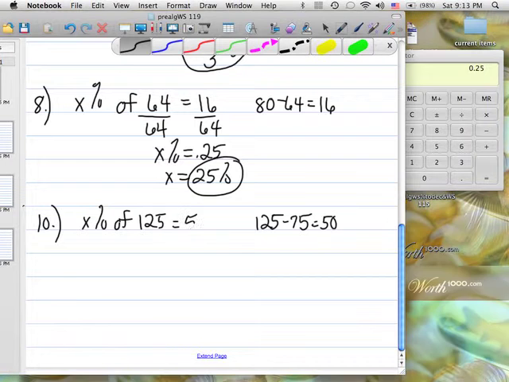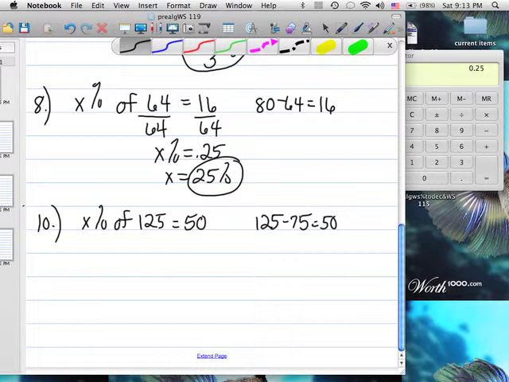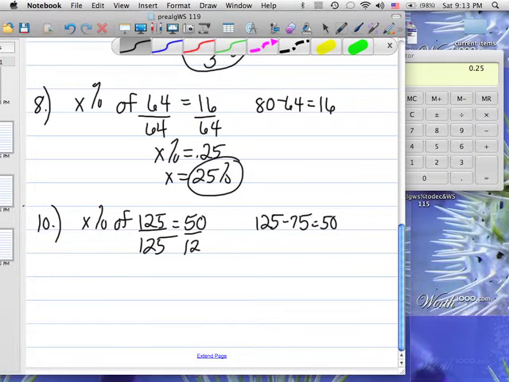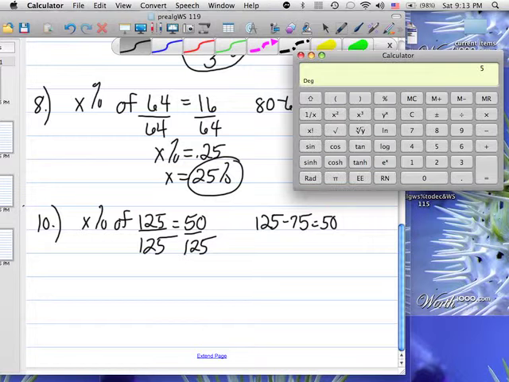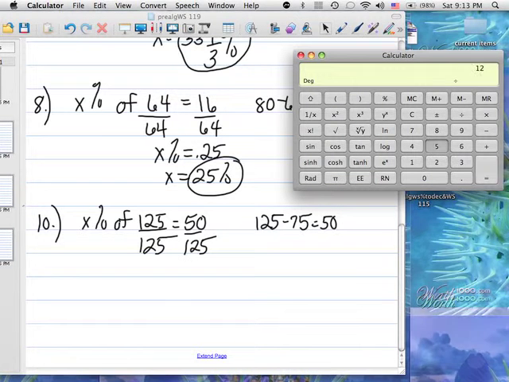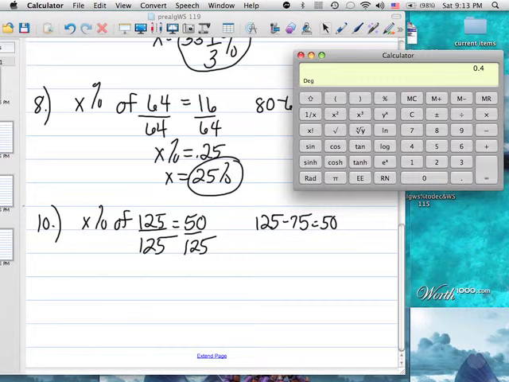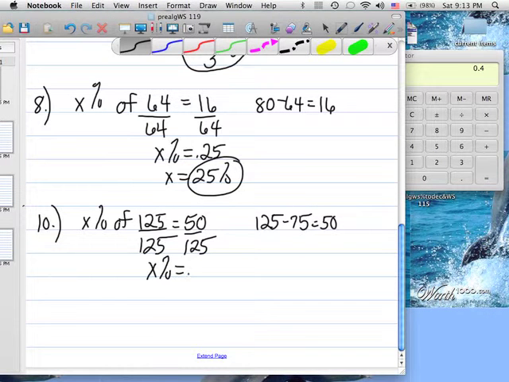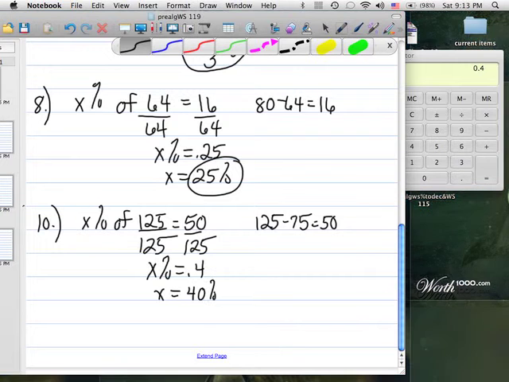So we have a decrease of 50. So divide 125 on both sides. So 50 divided by 125 equals 0.4. So the percent is 40% decrease.